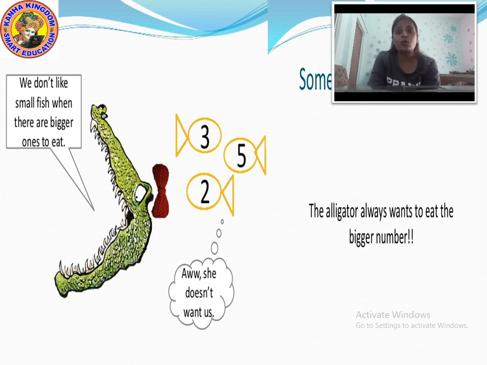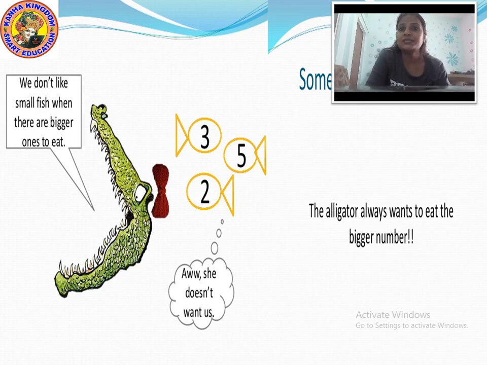Now see what the alligator wants to say. The alligators are saying that we don't like small fish when there are bigger ones to eat. They will not eat the small fish when they get the big fish. They will eat only the bigger ones, not the smaller ones.